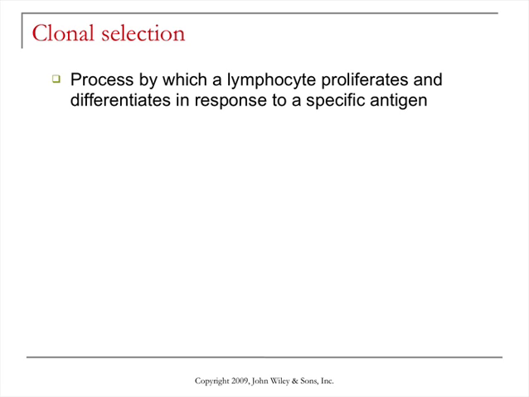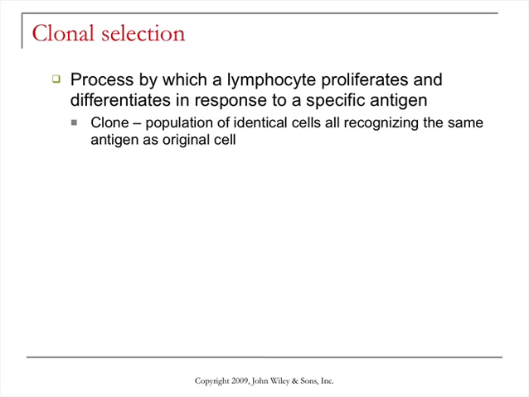So clonal selection is this process, which we will see in the next picture, of a lymphocyte proliferating, dividing repeatedly, and differentiating, becoming different kinds of cells. So the end result of clonal selection is a clone. A clone is a population of identical cells, all recognizing the same antigen as the original cell from which the clone was derived.